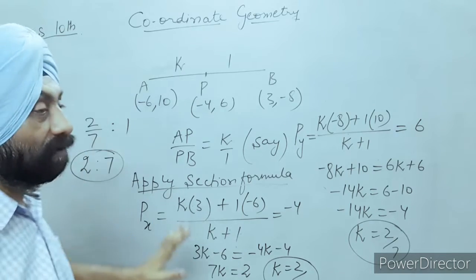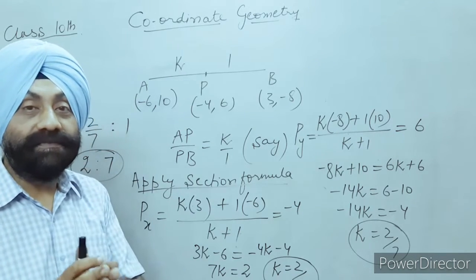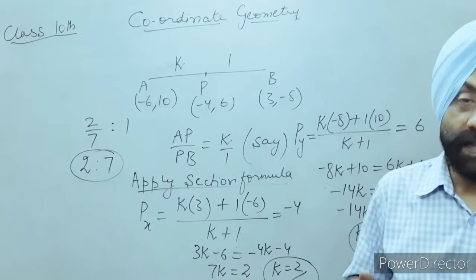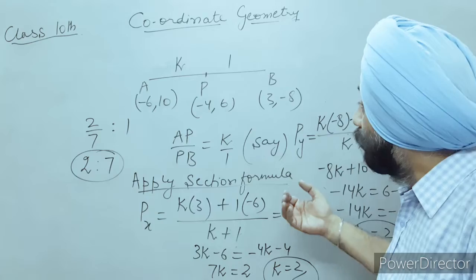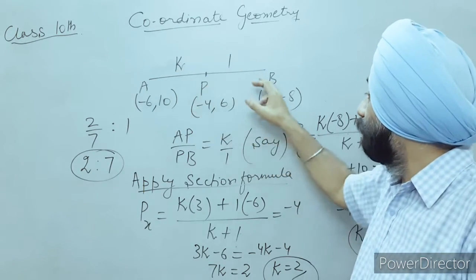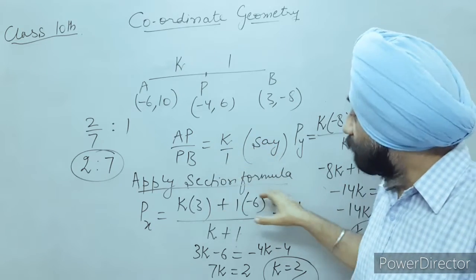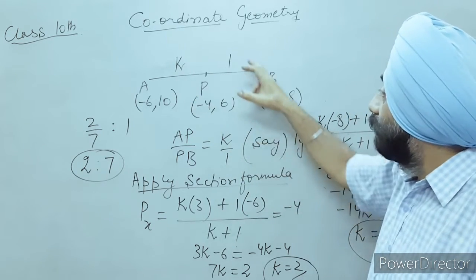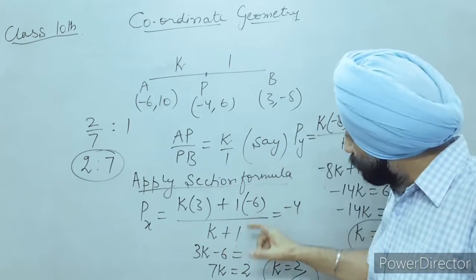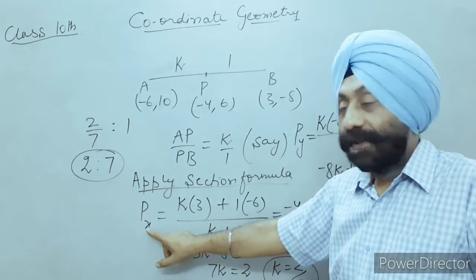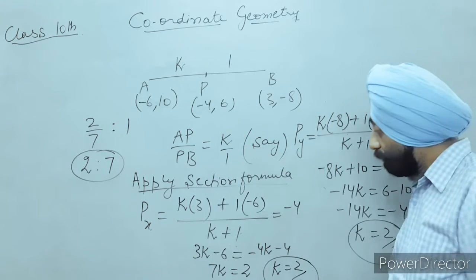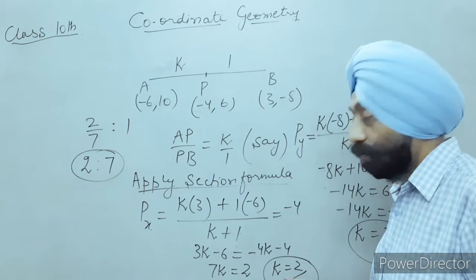Whenever you have to find the ratio, take the ratio as k:1. It will be much easier to calculate. So AP upon PB is k by 1. Apply the section formula: (k into 3 plus 1 into -6) divided by (k plus 1). The abscissa of point P was given as -4. Equating to -4, I get k as 2 by 7.